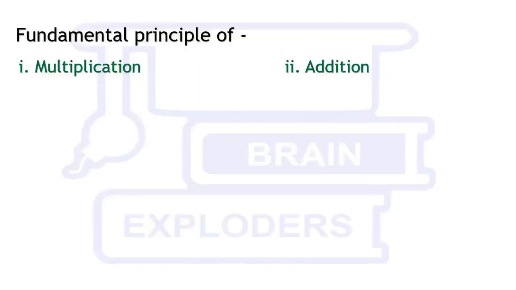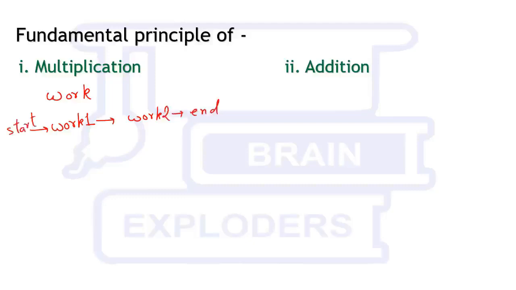Let's start with the fundamental principle of multiplication and addition. So what is the fundamental principle of multiplication? If we have to do a work and it completes in 2 phases, first we have to do work 1 and then we have to do work 2, and then it will be finished.